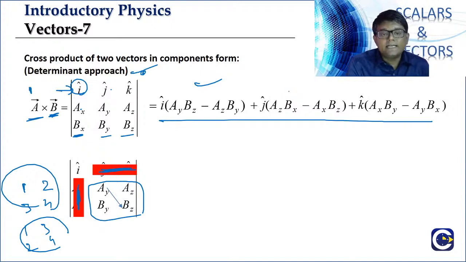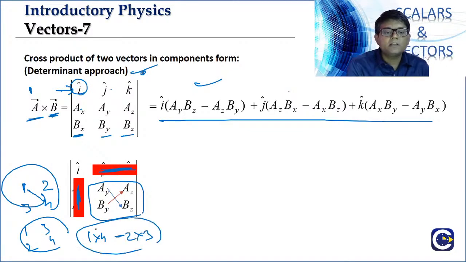AY into BZ. Look at this. It is 1 into 4 minus AZ into BY, which is 2 into 3. So 1, 2, 3, 4 are the symbols we are giving for them.